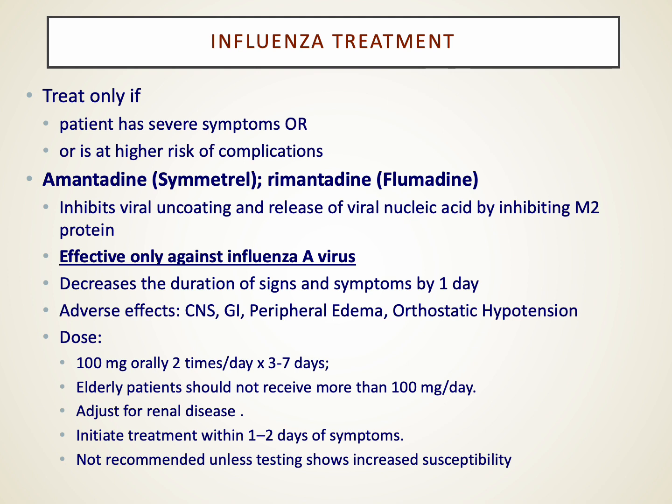We would consider influenza treatment if a patient has severe symptoms and we catch it early, or is at high risk for complications. But as we just alluded to, amantadine or rimantadine are used pretty infrequently because they're only effective against influenza type A strains and have a lot of confusion and agitation associated with their use.